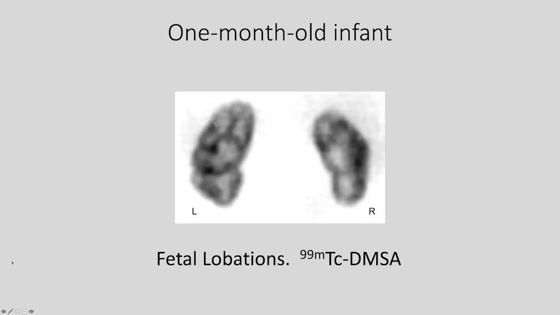Not entirely normal, but you see these areas that appear to be a defect. Those are normal fetal lobations. Here, here, here, here, here, and here. These disappear with age. They must therefore not be confused with cortical defects.